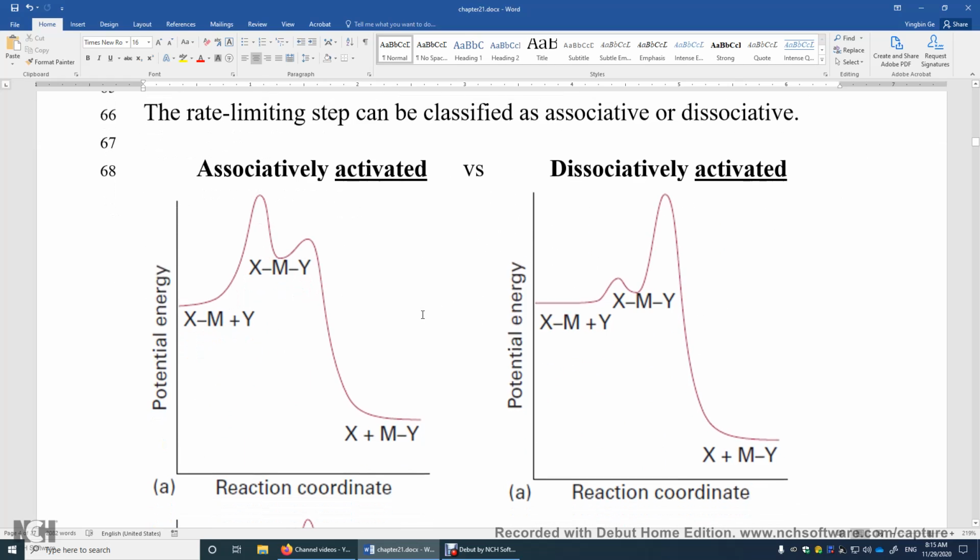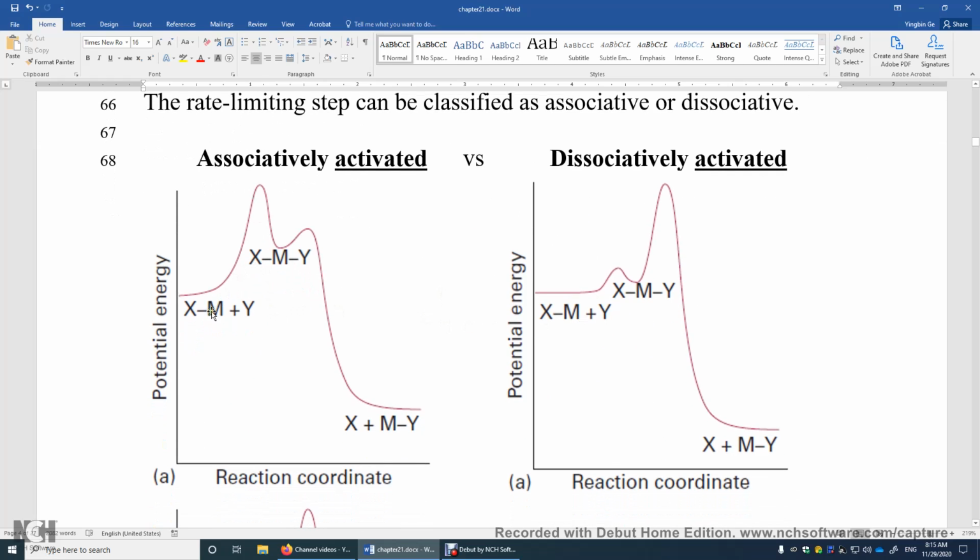So now let's look at this energy diagram. Over here, you can see this is an associative mechanism, right? If you look at the intermediate, M is bonded to both X and Y, and both are complete bonds. So this is an associative mechanism.